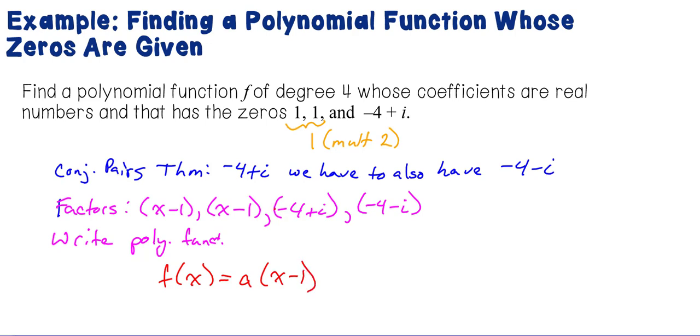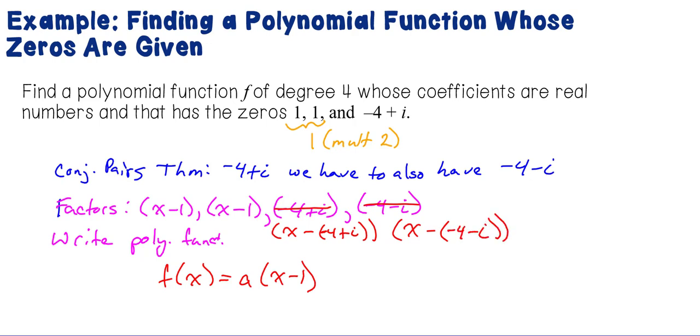And you know what? I wrote these incorrectly. This should actually be x minus negative 4 plus i, and it should also be x minus negative 4 minus i.